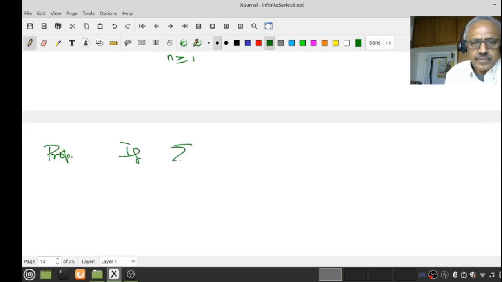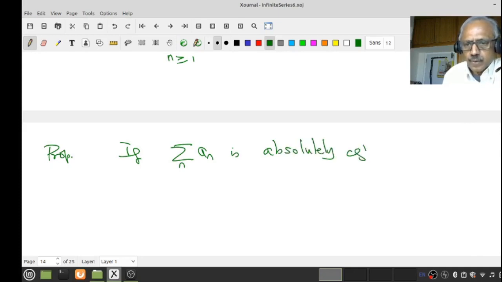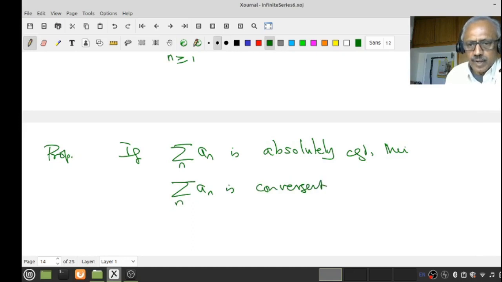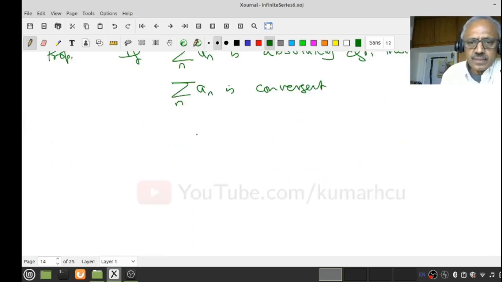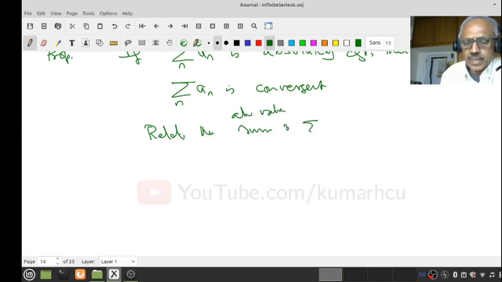So the first thing we want to prove is a very easy proposition. If summation a_n is absolutely convergent, then summation a_n is convergent. And not only that, then we can relate the absolute value of the sum a_n and the sum of mod a_n.